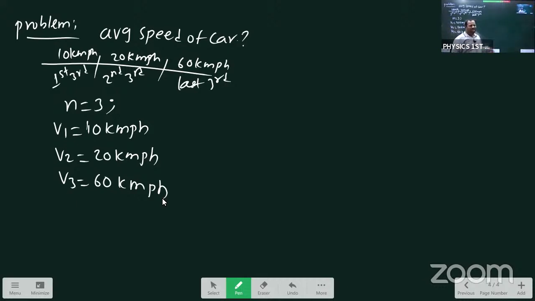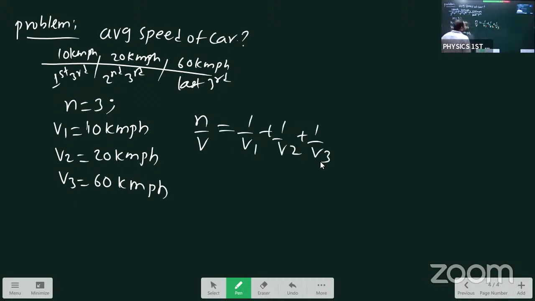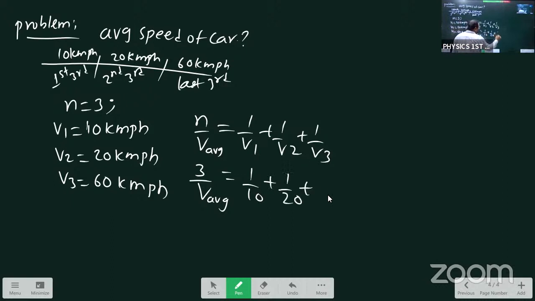So like this, 3 different speeds are coming. This is a very simple explanation, students. When different speeds come, what is the average speed formula? n by V equals 1 by V1 plus 1 by V2 plus 1 by V3. n equals 3. We need the average here. V1 is 1 by 10, V2 1 by 20, V3 1 by 60.